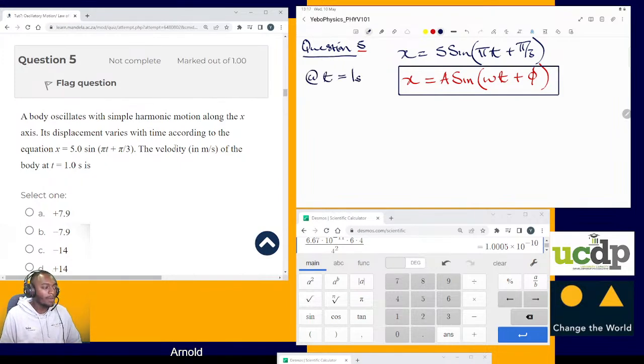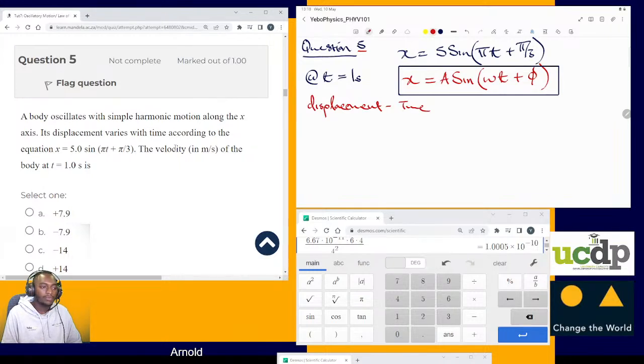So how do we go about this question? We do not have an equation relating to velocity, but we've been given the displacement time equation.